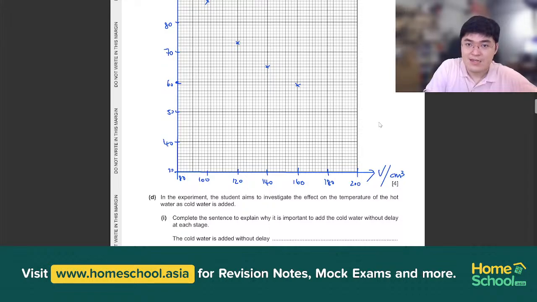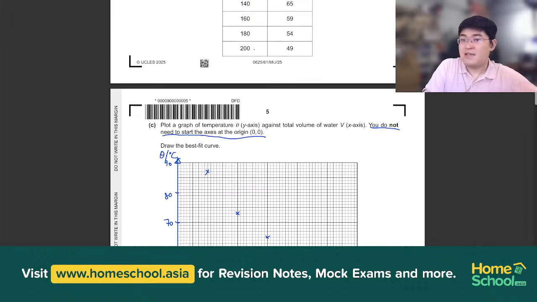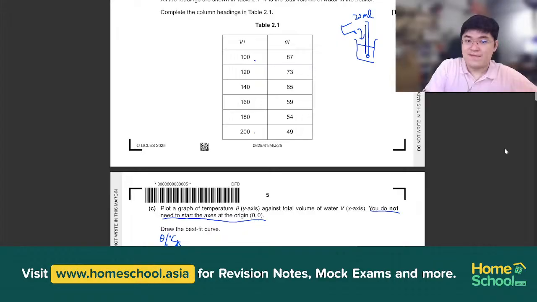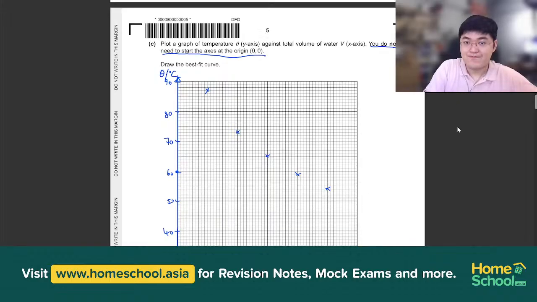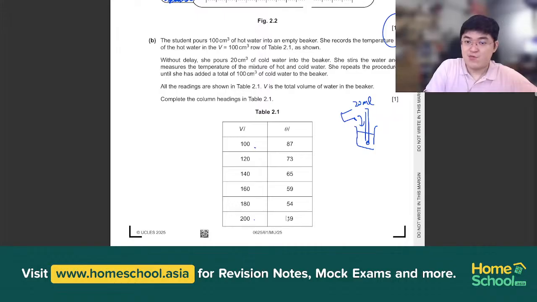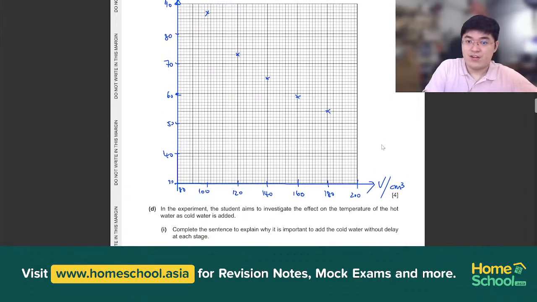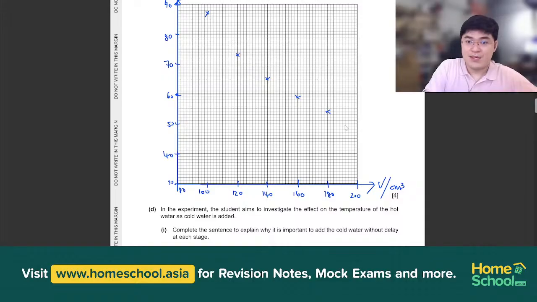Then 180, 54. 50, 54, 55, 54 right here. And last but not least, 200, 49. 200 is right here, 50 is here, 49 is right here. Something like that. So you see, this plot looks like this right now.